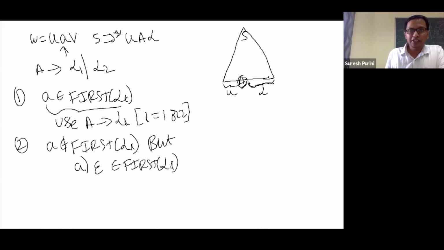So we take this A and we expand it using A goes to alpha I.